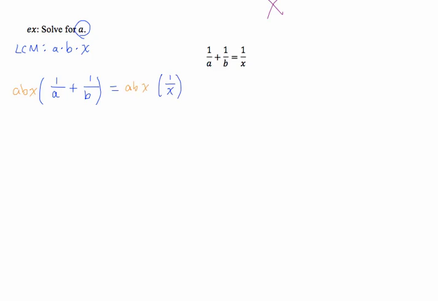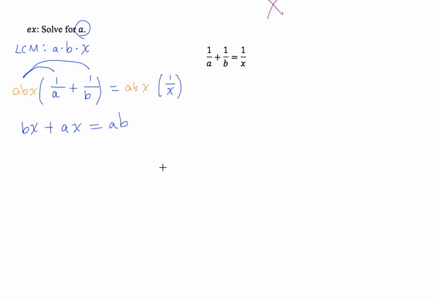This should get rid of all the fractions. So distributing abx times 1 over a, the a's will cancel and we'll just have bx. And distributing abx times 1 over b, the b's cancel, so we'll just have ax. And then over here the x's cancel, so we just have ab. That did get rid of the fractions, so that is good.